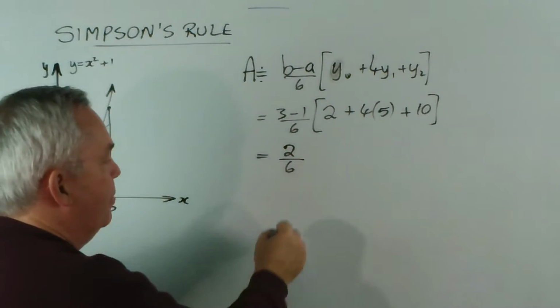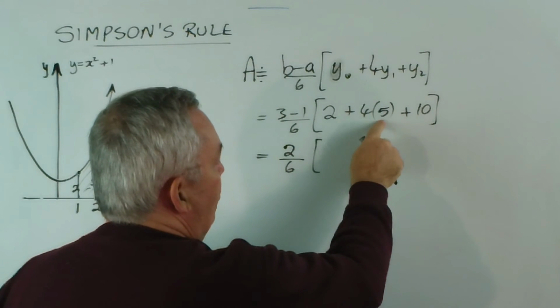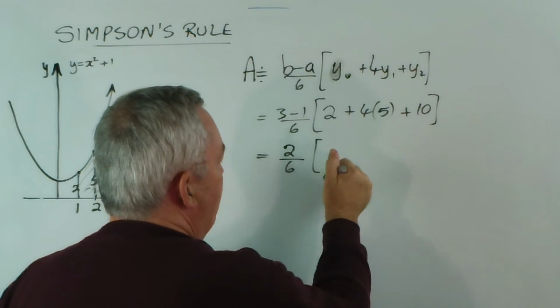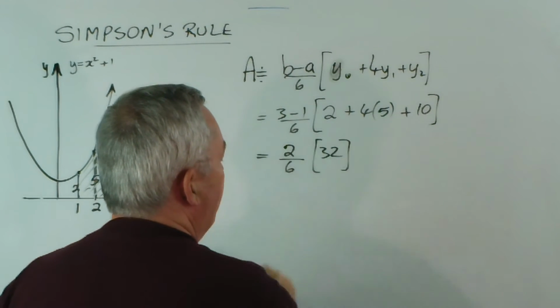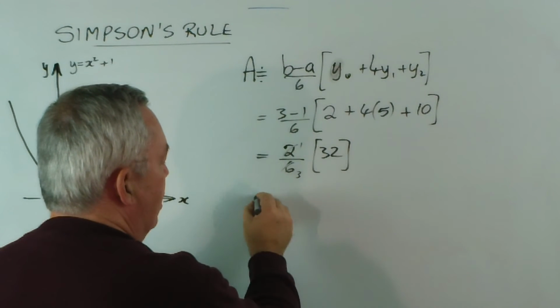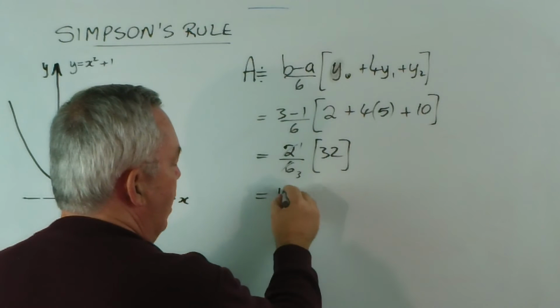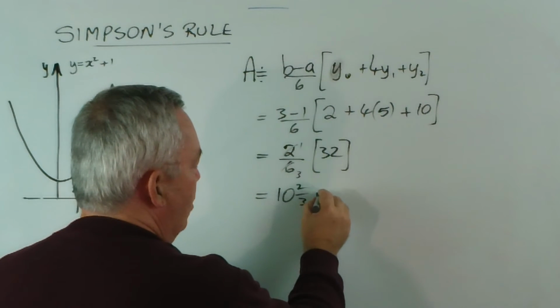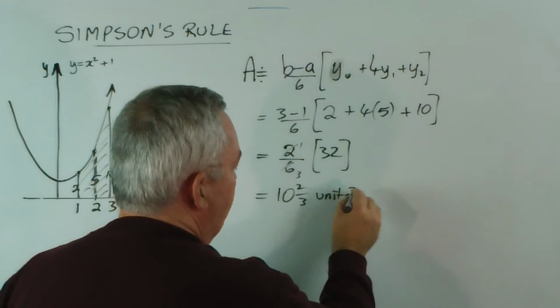Sorry, I was thinking of the answer first. 4 5s is 20, 30, 32. Now, 2 divides into 6 3 times, and 3 into 32 makes 10 2/3 units squared.